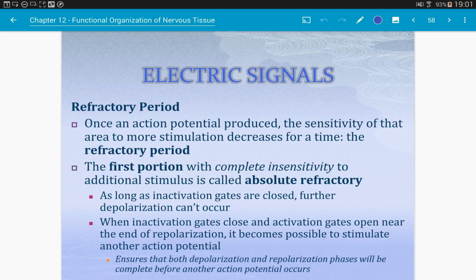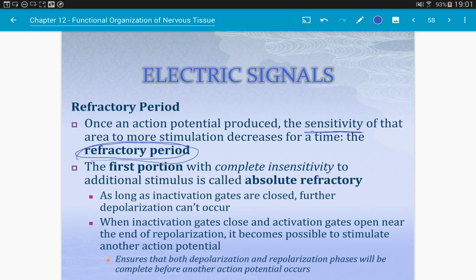They cannot travel from one part of the body to another. Okay, so after an action potential is made, the sensitivity of that area to be stimulated has decreased. So there's a period where it can't be stimulated. And that we call our refractory period.